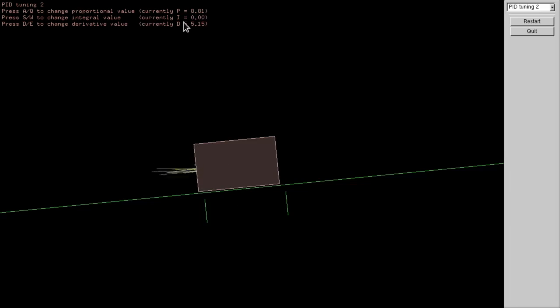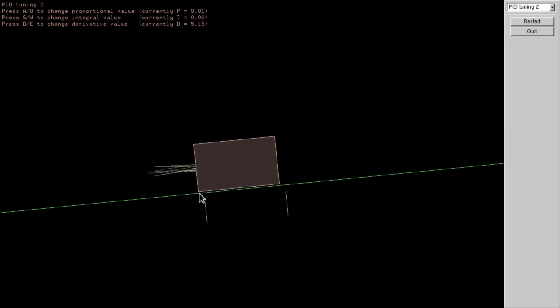But the way the I component works is, I stands for integral. We'll have a look at some graphs later for the graph nerds that might be interested in how this looks in graph form. But integral means that it's going to look at the error, so it's going to measure how far it is away from this target point, and it's going to memorize that a little bit, keep it in its memory, if you like.